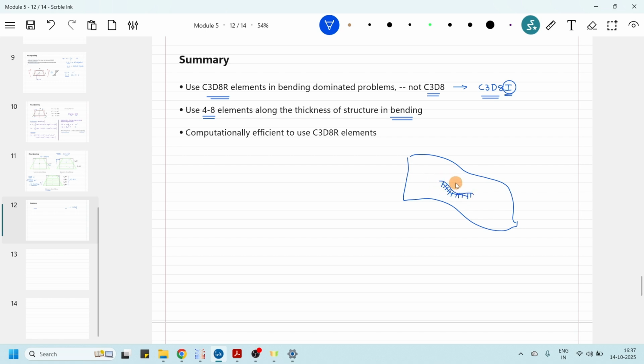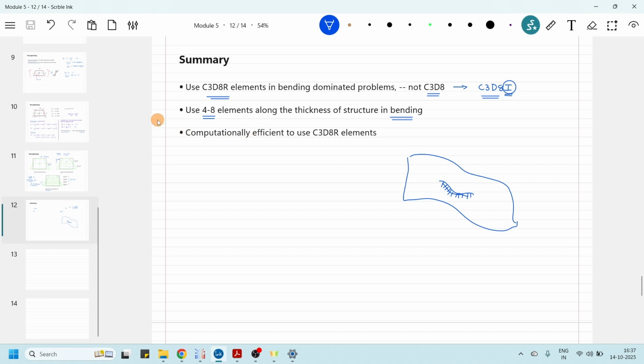So the structure is subjected to a combination of deformation modes: bending plus shear, torsion, all these things. So you will see shear stresses in your real FEA problems. Don't panic when we see shear stresses. It is supposed to be there because it is not always pure bending deformation in real structures, at least in mechanical structures.